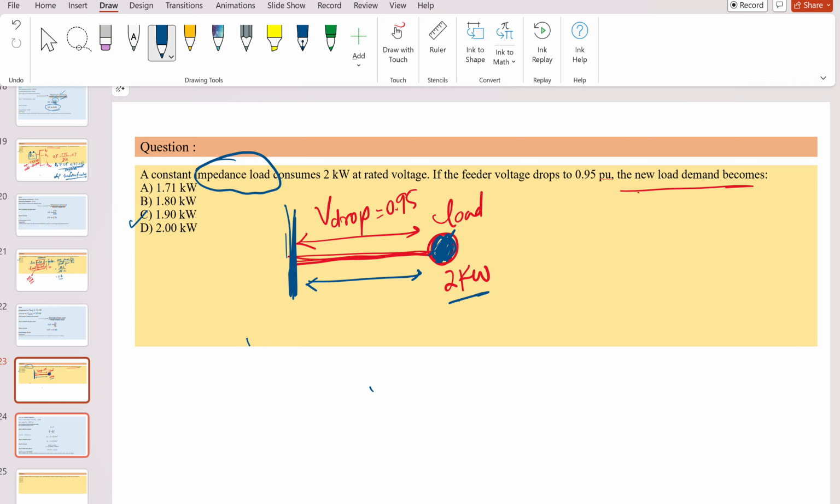Option B. Last 10 seconds I'm also giving. Just think over it. Those who have given the answer, also try to check whether it is correct or not. Option C, option C. Take 10 seconds to re-verify the answer.